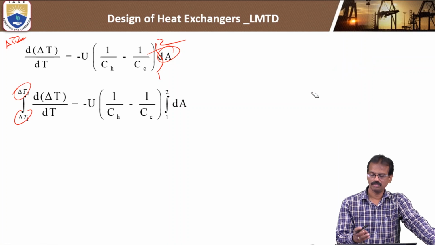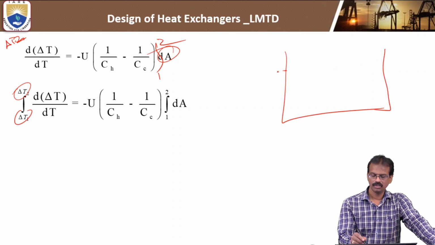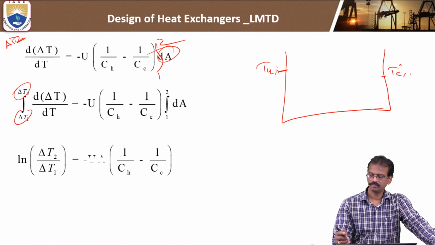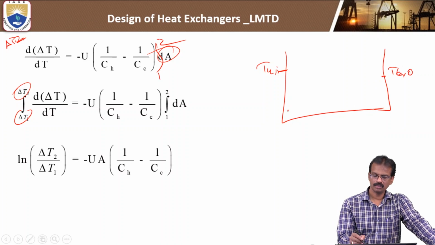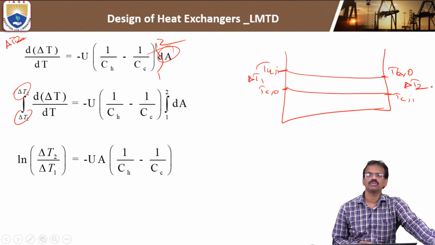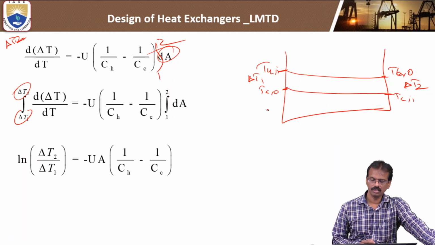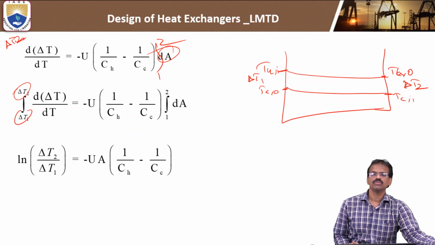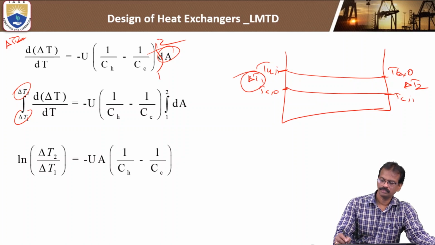So this is THi, this is THo, TCi, TCo. So this is the delta T1, this one is the delta T2. Delta T1 is equal to THi minus TCo. Delta T2 is equal to THo minus TCi. So this is the value, so you can remember this one.